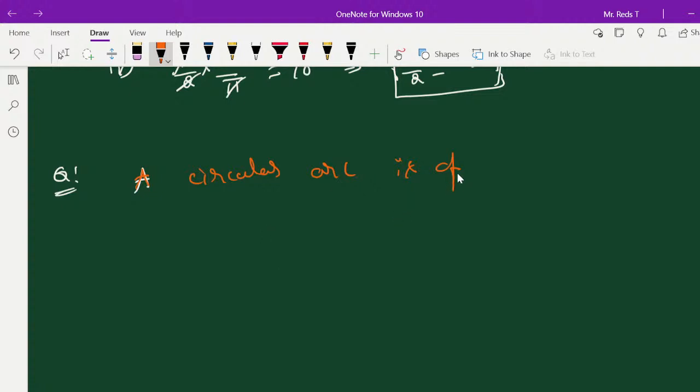Write down this. A circular arc is of length pi centimeters.